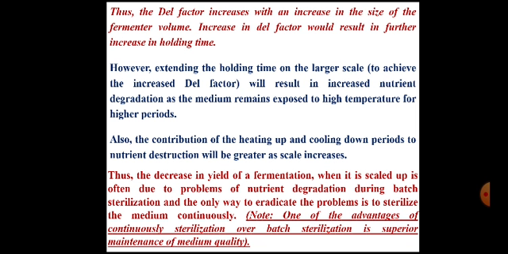One of the advantages of continuous sterilization over batch sterilization is superior maintenance of medium quality. So in continuous sterilization also, the del factor to be achieved has to be increased with an increase in scale, and this is calculated exactly as described in the consideration of scale up of batch process.